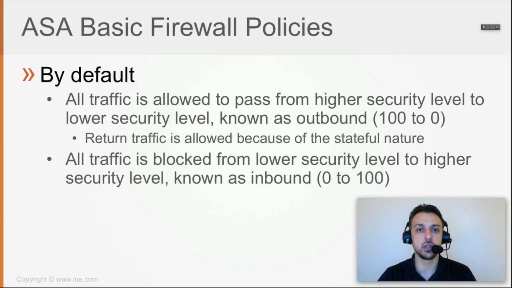Based on the default firewall policies on the ASA, all traffic from LAN to the internet is going to be allowed, and also the return traffic, because the ASA is a stateful firewall. But all traffic initiated from the internet to the inside is going to be dropped, because the security levels don't allow that by default.